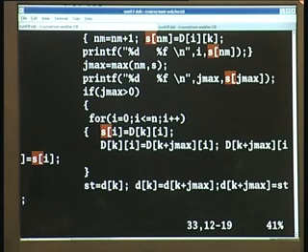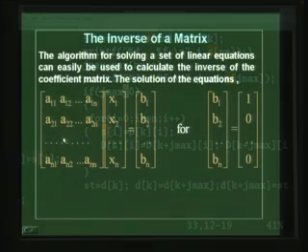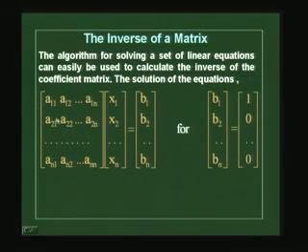If J max is 1, that means in that particular kth column, the k plus 1th row is the maximum. So, if k is 0 and the first element is not the maximum, then I have to interchange these two rows.